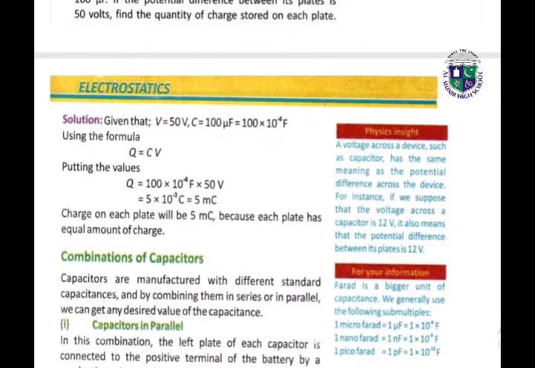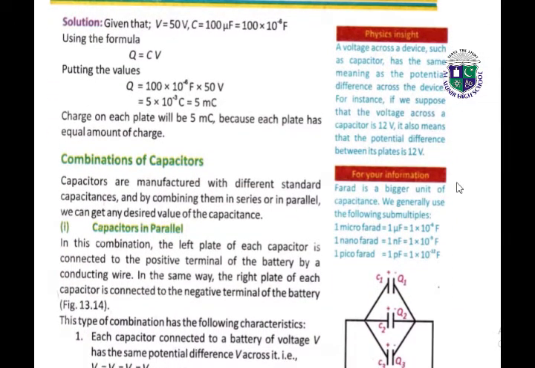So here the data is given. V is equal to 50 volts, C is equal to 100 microfarad, which is 100 into 10 to the power minus 6 farad. Using this formula Q is equal to CV, by putting all these values, we get the charge on each plate will be 5 mC.